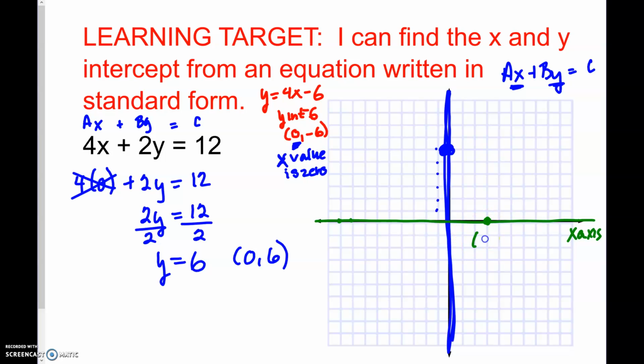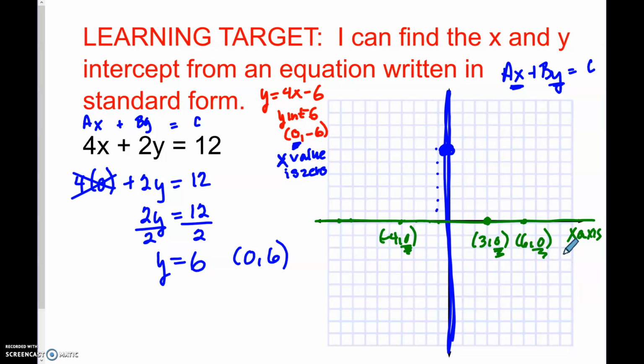That point is going to be 3, 0. If I pick this point right here, that is going to be 6, 0. If I pick this point right here, 1, 2, 3, 4, that is negative 4, 0. Do you see what the y value is every time? The y value is a 0.